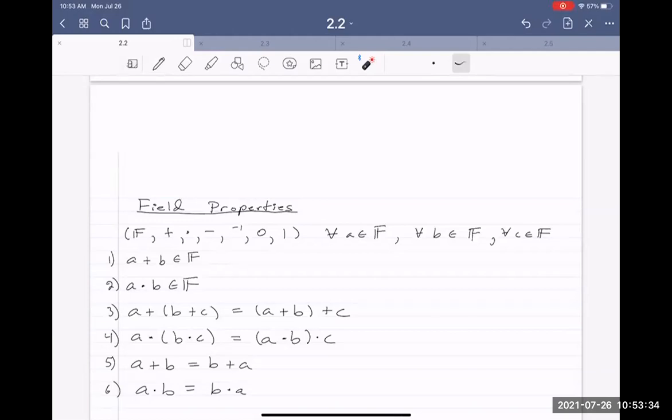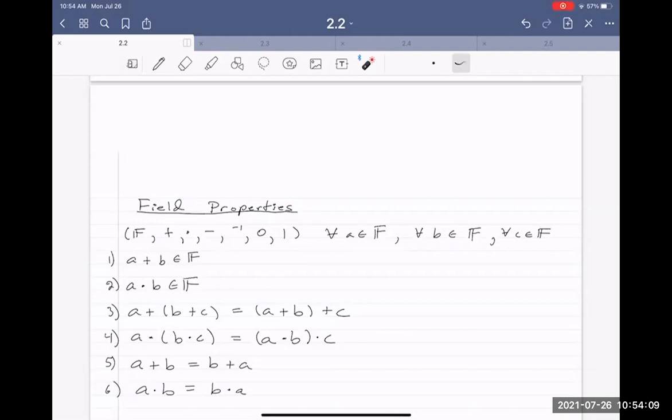So any non-zero member of your field goes to some non-zero member of your field. 0 and 1: 0 is the additive identity, and 1 is the multiplicative identity. These are both nullary operators. They just give you, no matter what, a particular member of your field.